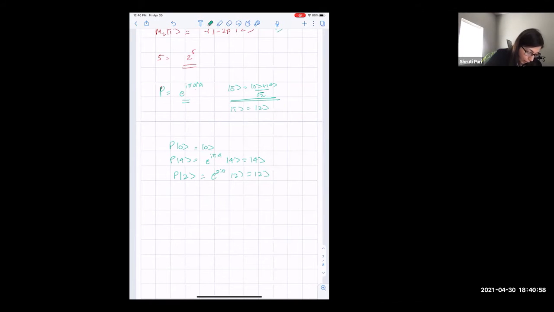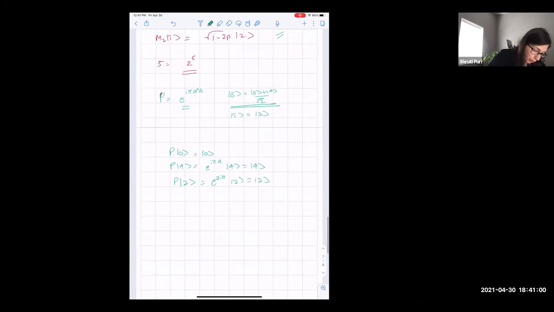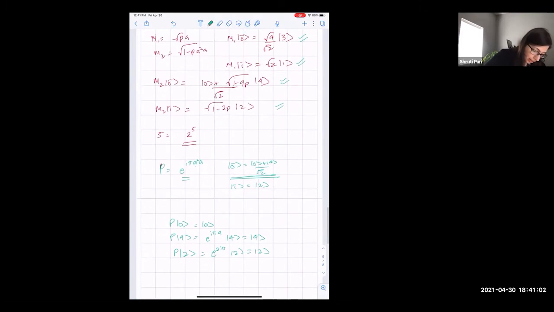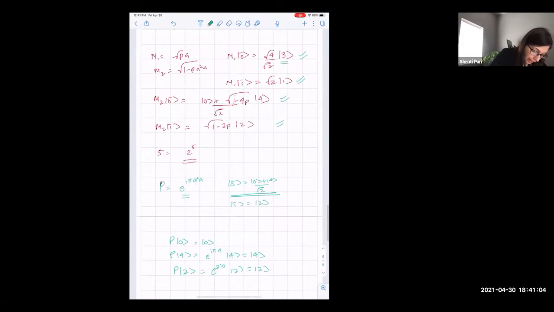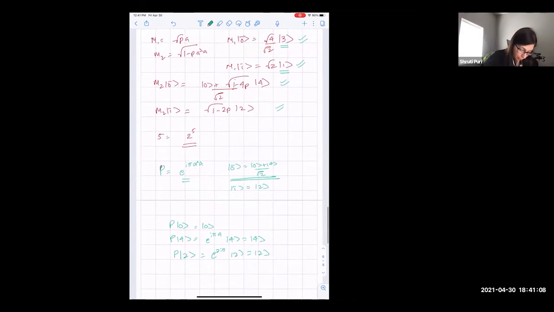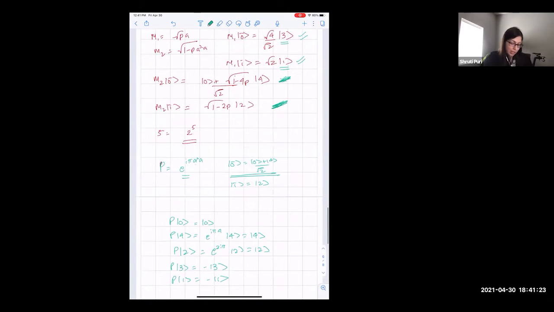But if you have a single photon loss error, then you know that the states that you had were state 3 and state 1, and these are the -1 eigenstates of the parity operator. So P acting on 3 is -3, and P acting on 1 is -1. And similarly, these two states are the +1 eigenstates of the parity operator. So basically what you can do is go and measure parity.